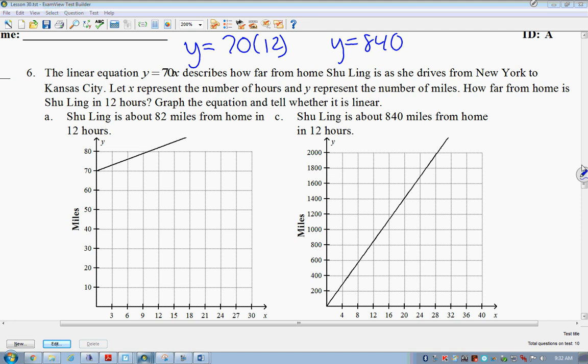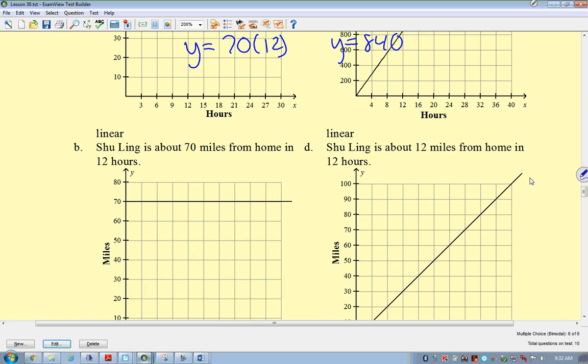Okay. So far, just in the writing, C looks correct. Shu Ling is about 840 miles from home in 12 hours. What does D say? Does D say the same thing? No, Shu Ling is about 12 miles from home in 12 hours. That would mean that she's only driving how fast? 1 mile per hour. That doesn't seem reasonable, does it?